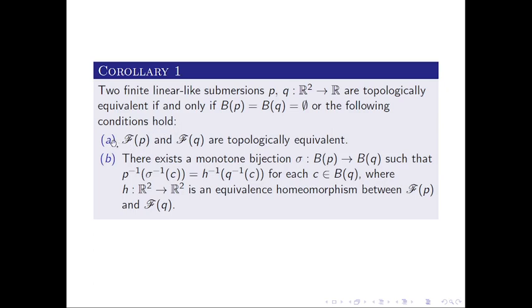The first condition says that the respective regular foliations of P and Q are topologically equivalent, and the second condition says that there is a monotone bijection sigma between the bifurcation sets of P and Q respectively, such that this condition holds for each bifurcation value of Q and H is an equivalence homeomorphism between the regular foliations of P and Q.